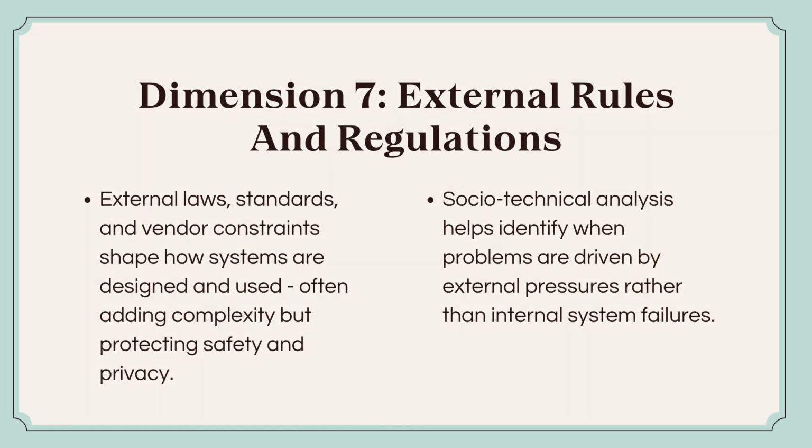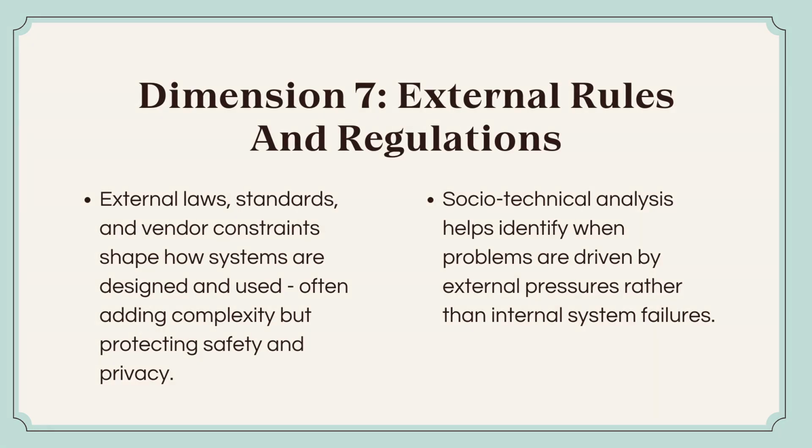Dimension 7. External rules and regulations. So this dimension focuses on external rules and regulations such as privacy laws, accreditation requirements, professional standards, and vendor constraints. These external factors shape how healthcare systems are designed, implemented, and used, often influencing what is possible within a system.